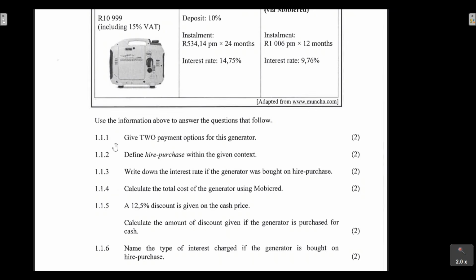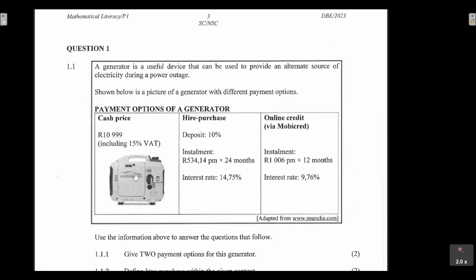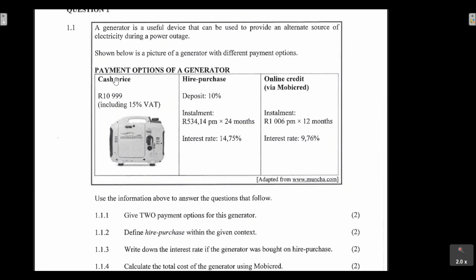Question 1.1.1 says give two payment options for this generator. This is nice and easy. This is just a level 1 question where you just have to look at the information that is given to you and answer.